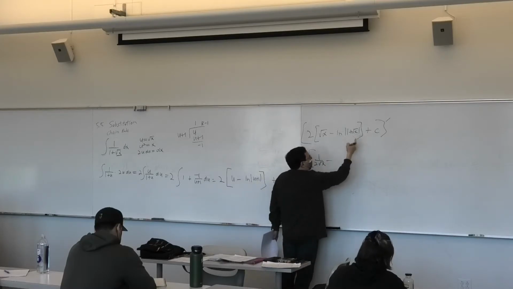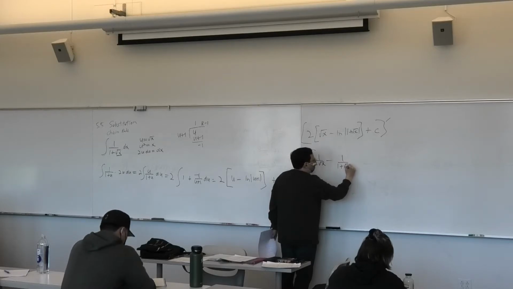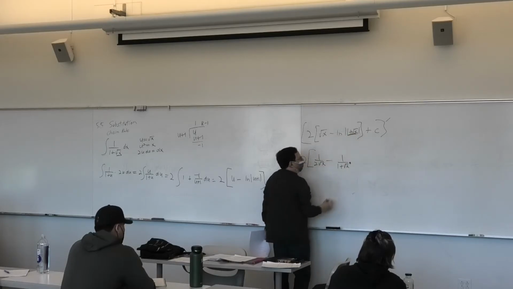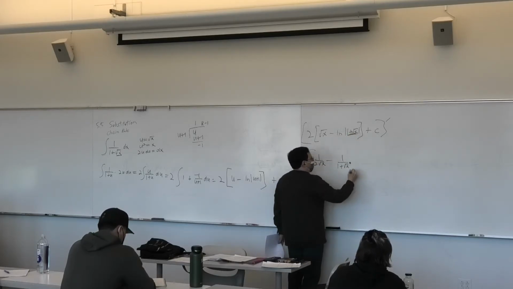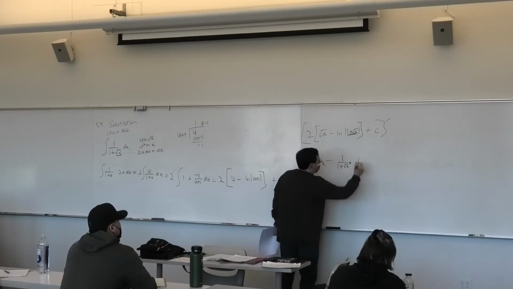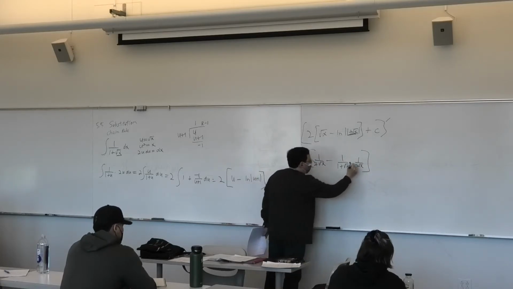Derivative of the log of something here is 1 over that thing times the derivative of this using the chain rule. So that's going to be 1 over 2 square root of x. And this will be 0. All right. 2's go away.